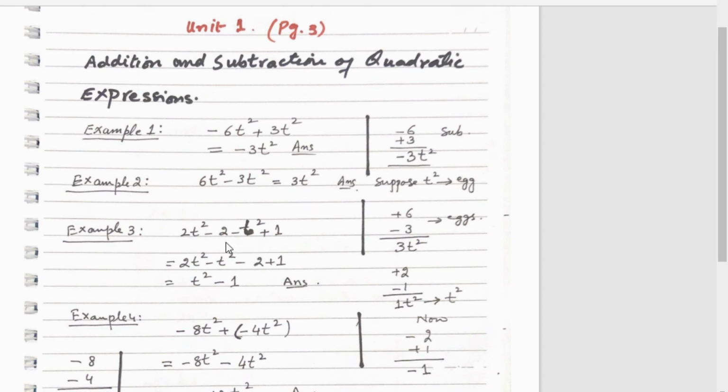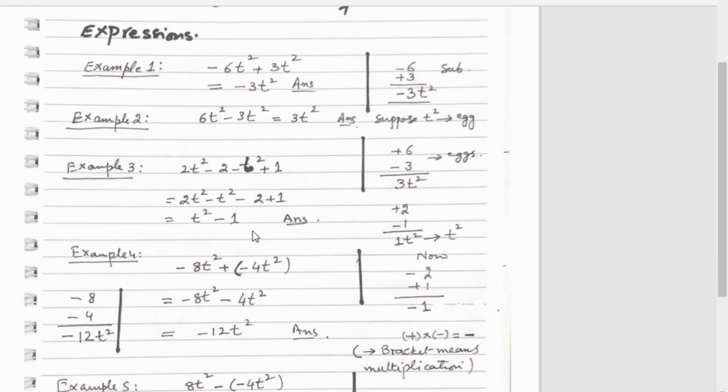Come to example 3. In example 3, square terms are scattered. First of all, we will group like terms, or we will put like terms together.